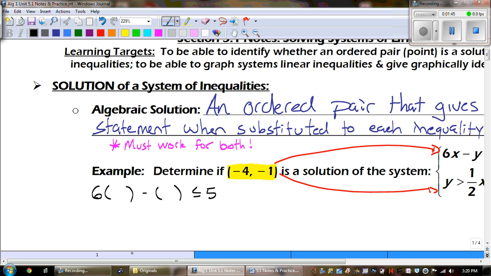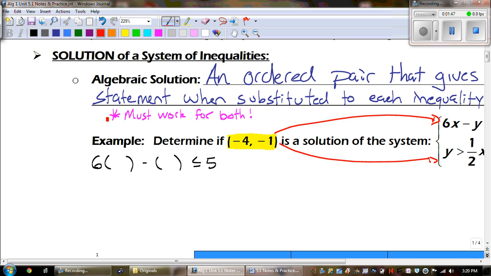I have to plug in the -4 where the x goes and the -1 where the y goes, because remember it's x comma y. So 6 times -4 is -24, and now two negatives make that a +1, less than or equal to 5. And what's -24 plus 1? Well, -24 plus 1 is -23.